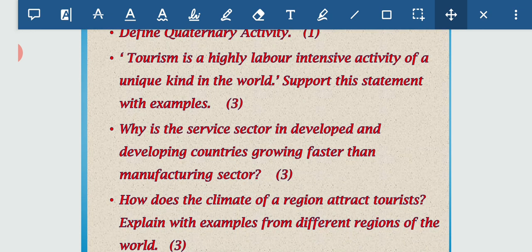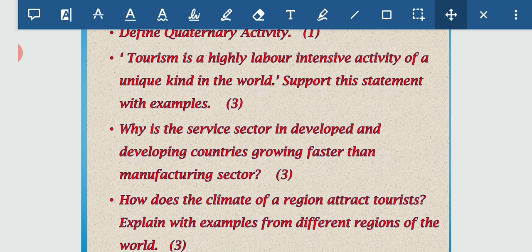Now next, how does the climate of a region attract tourists? Explain with examples from different regions of the world. Climate is one of the important aspects of tourist attraction. Number one, the Mediterranean climate, which is one of the most important attractions for tourist spots. Secondly, the sea beaches where the climatic condition is moderate, which are another most important attractive places of the world.